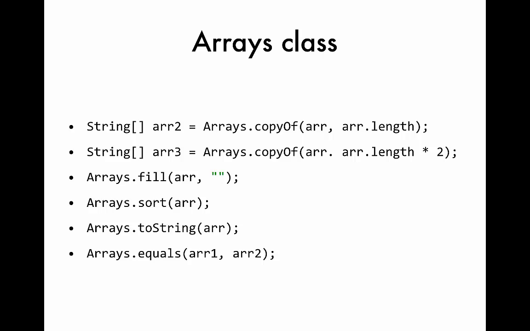You can check the equality of arrays using Arrays.equals. The original equals method on arrays requires that all the elements of both arrays be exactly the same object, whereas this equals method only requires the elements in the array to have exactly the same value.